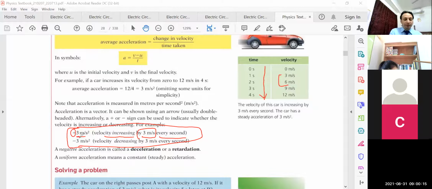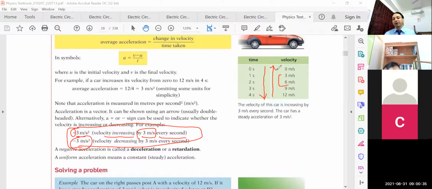But if you find somewhere a negative sign, minus 3 meter per second square, what do you mean by that statement? Minus 3 will be possible if it starts retarding, velocity starts decreasing, and velocity, children, will decrease when you apply a brake. Otherwise it won't decrease.